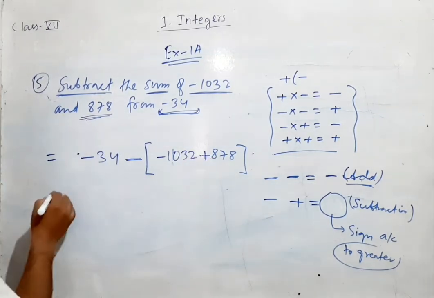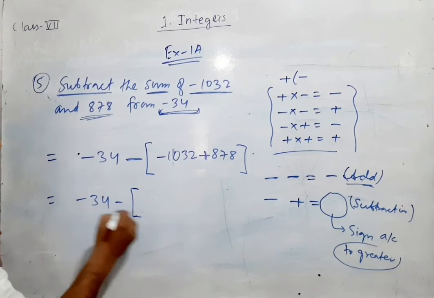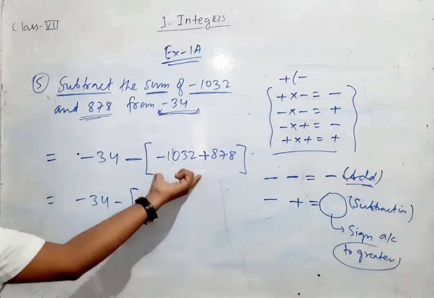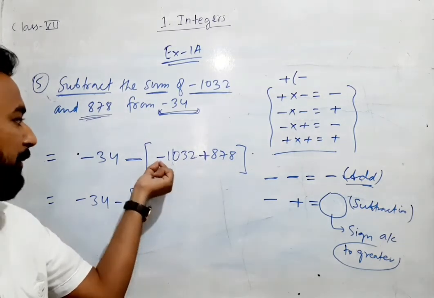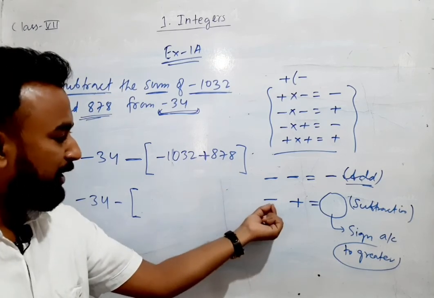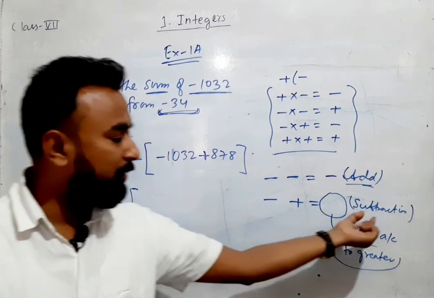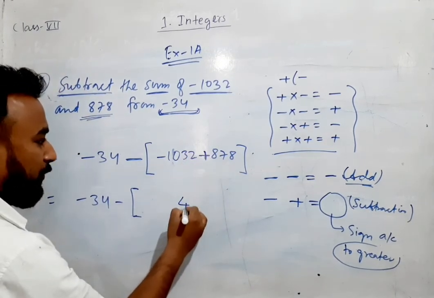Now let's perform it. Minus 34; you have already done this in your previous class 6 simplification. First of all you have to perform what is inside the bracket. So here you have one number in minus and one number in plus, so you have to perform subtraction. 12 out of 8, 4.